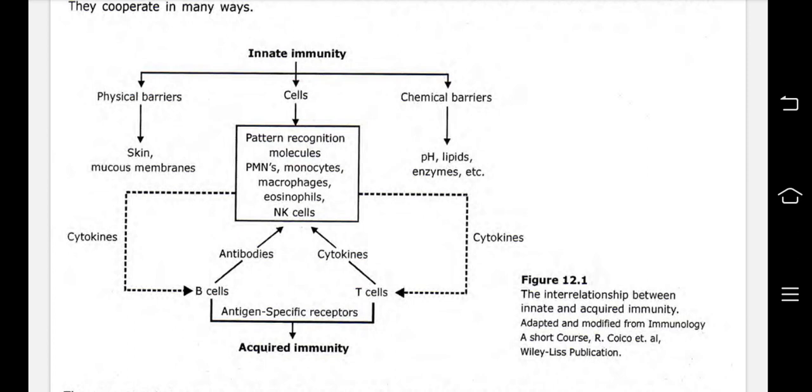Here we could see innate immunity divided into physical barriers, cells, and chemical barriers. Physical barriers: skin, mucous membranes. Chemical barriers: pH, lipids, enzymes, etc. Cells: pattern recognition molecules, PMNs, monocytes, macrophages, eosinophils, NK cells, cytokines, antibodies, B cells, T cells, antigen specific receptors.